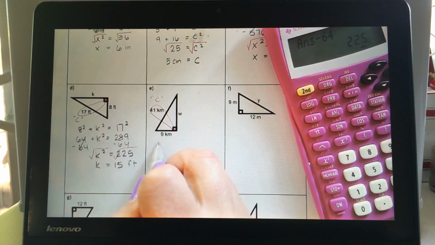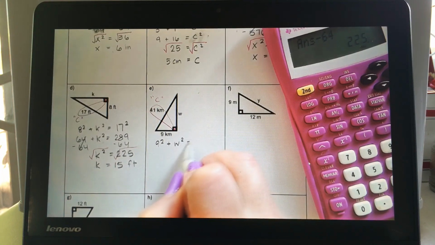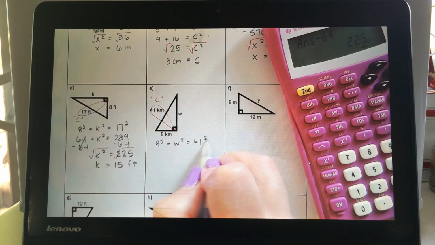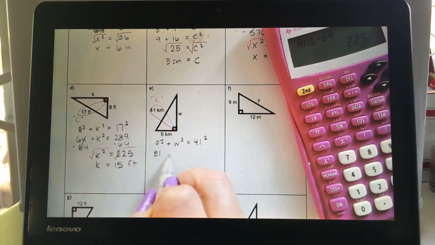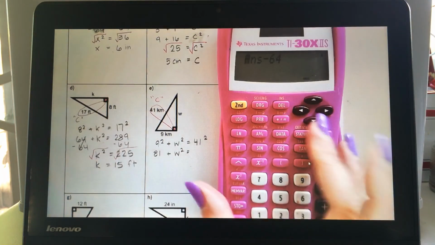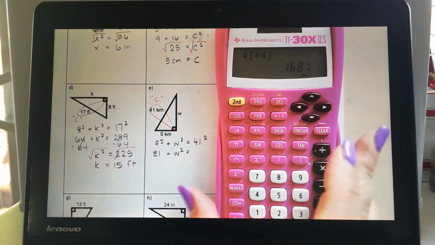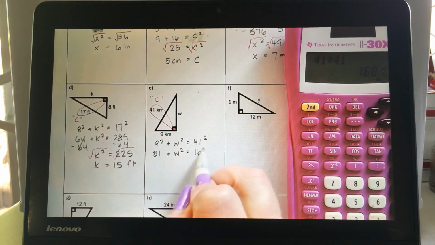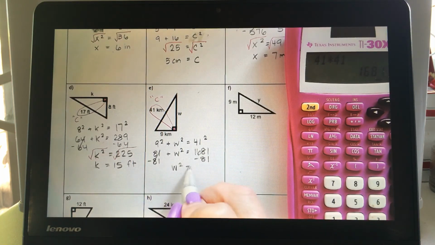So the smaller side 9, medium side W, largest side 41. Again, we want to remember that we square those sides. 9 squared is 81. 41 squared, 41 times 41, 1681. Subtracting 81 on both sides, that gives us W squared equal to 1,600.